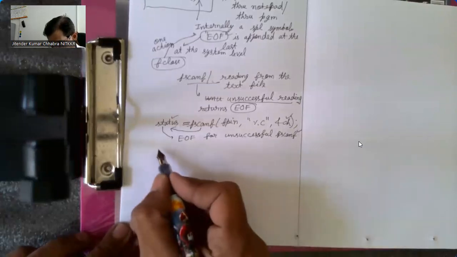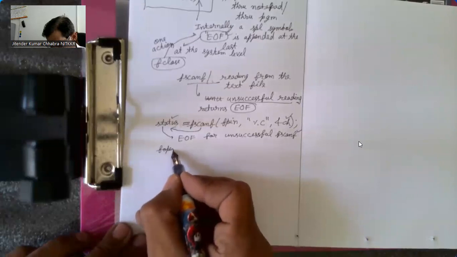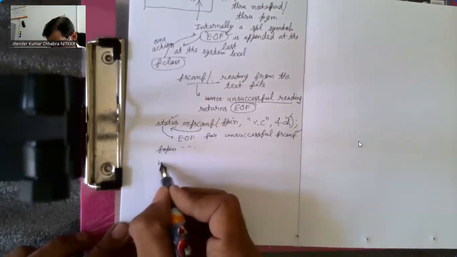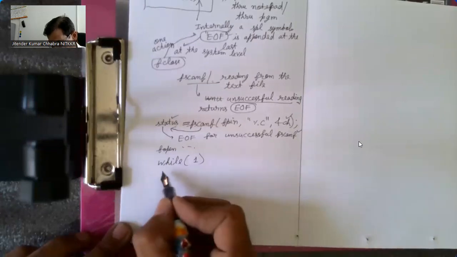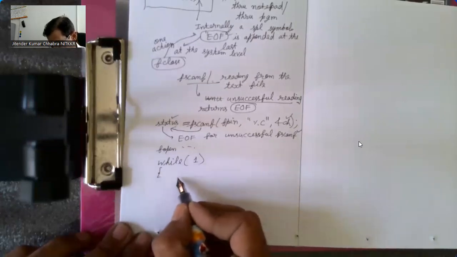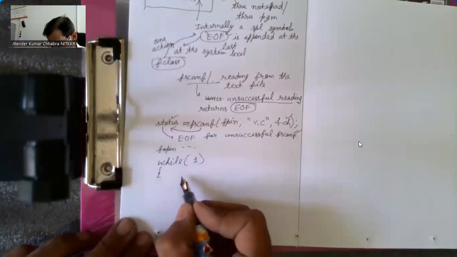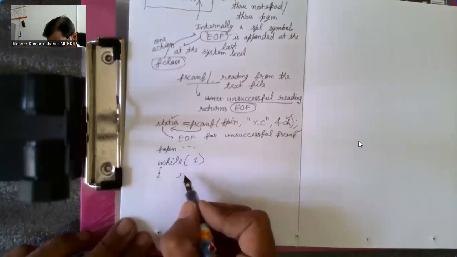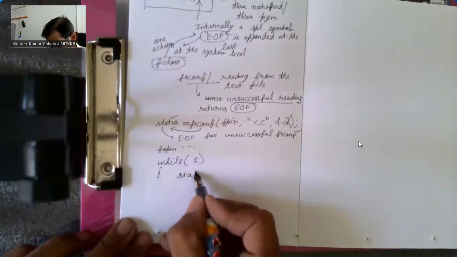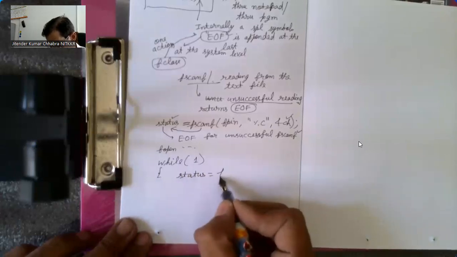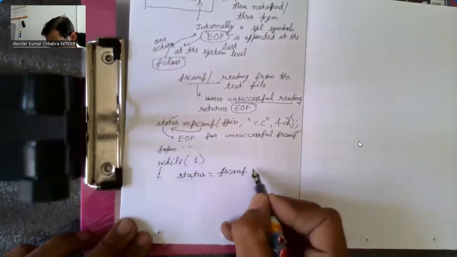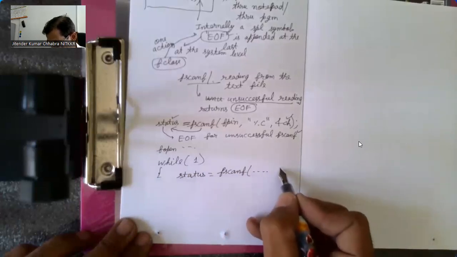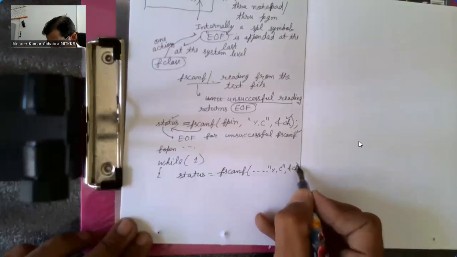So effectively, once I have done fopen, etc., and now I want a while loop. Let's make an infinite loop. I will read the contents of the file character by character, but also store the status into a variable: status = fscanf, whatever I was doing, %c, ch, from fp in.